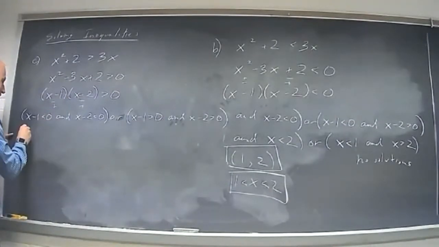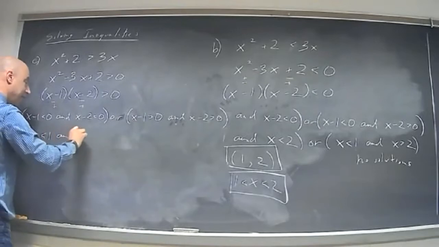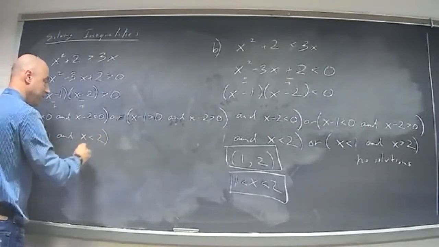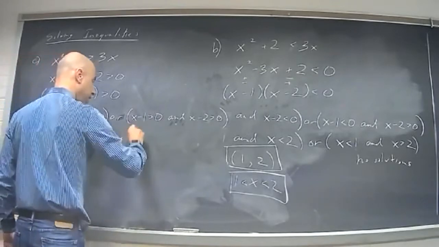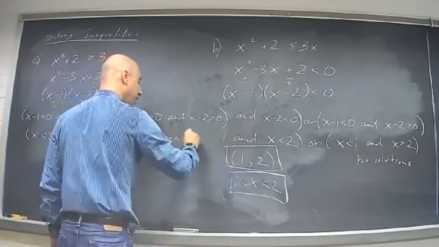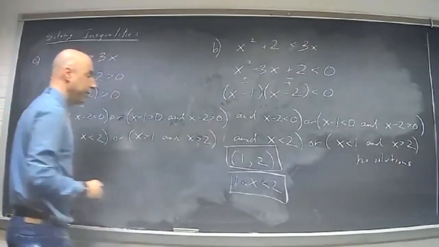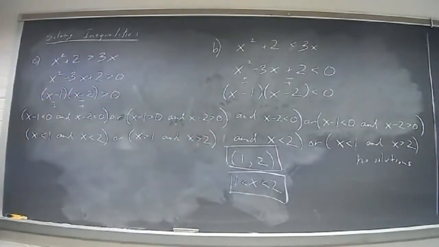And we can simplify these a little bit. So x is less than 1 and x is less than 2, or x is greater than 1 and x is greater than 2. That's already looking a little better.